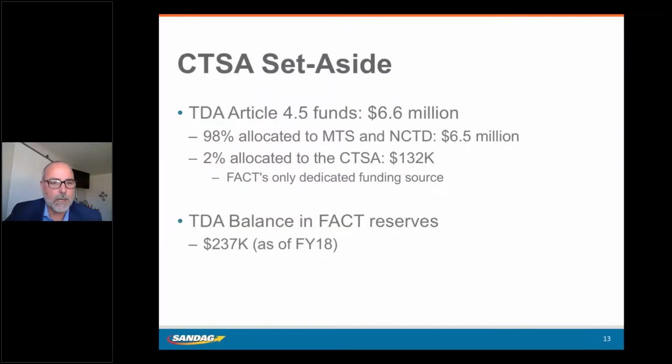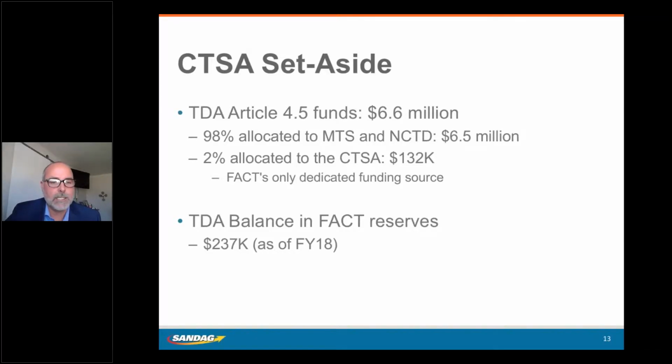So currently, SANDAG receives $6.6 million a year for TDA Article 4.5, and that's the specific community transit portion of those funds. MTS and NCTD are allocated 98% of those funds, which is about $6.5 million, and the CTSA gets 2% of those funds, which is $132,000. And like I said before, that's FACT's only dedicated funding source.